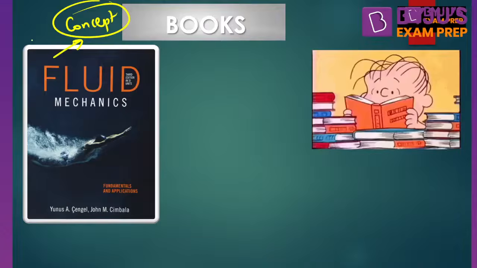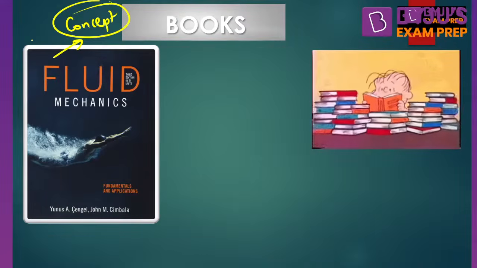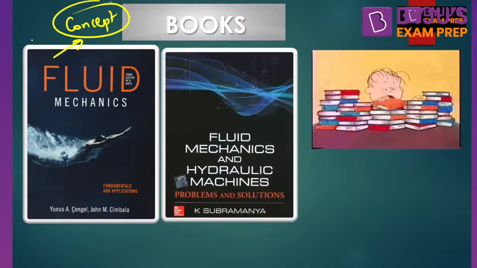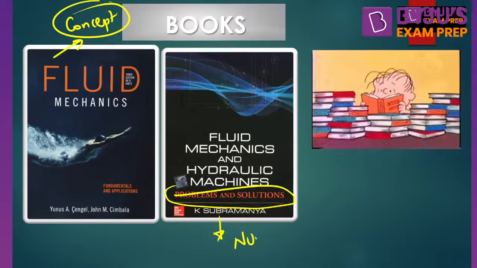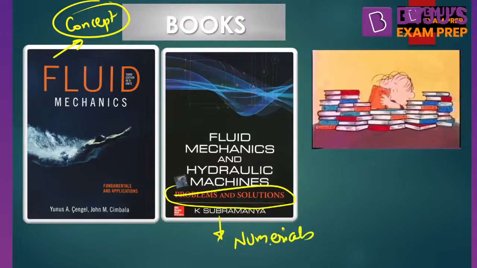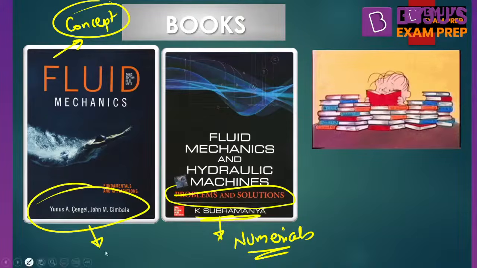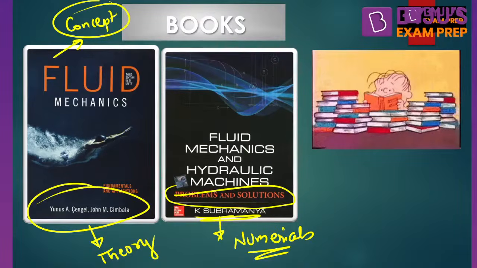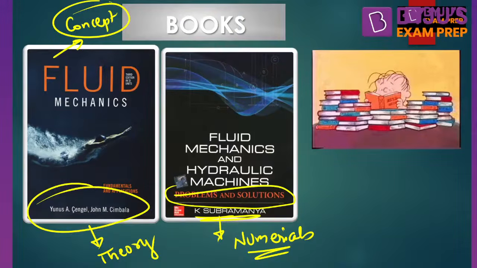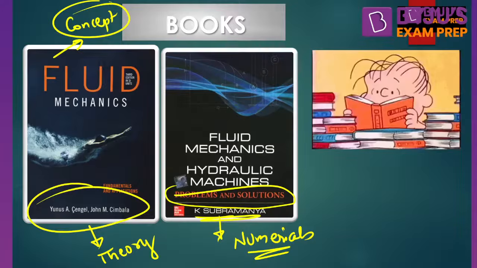And for numerical practice, you can go with Subramanian, Fluid Mechanics and Hydraulic Machines: Problems and Solutions. For theory, whatever book you are referring is also fine. But if you have not studied from any book yet, then you can refer to these books for theory as well as numericals.